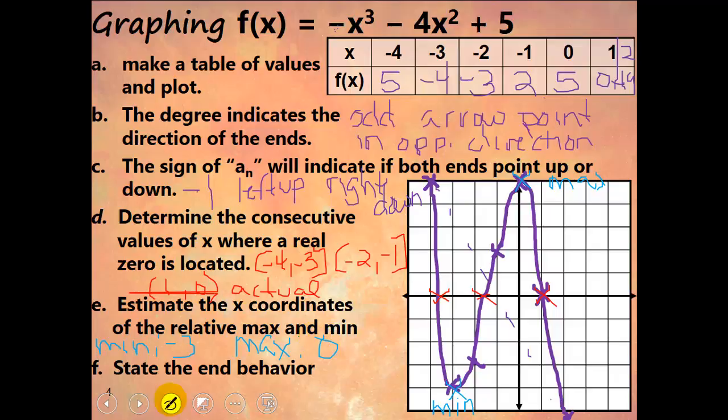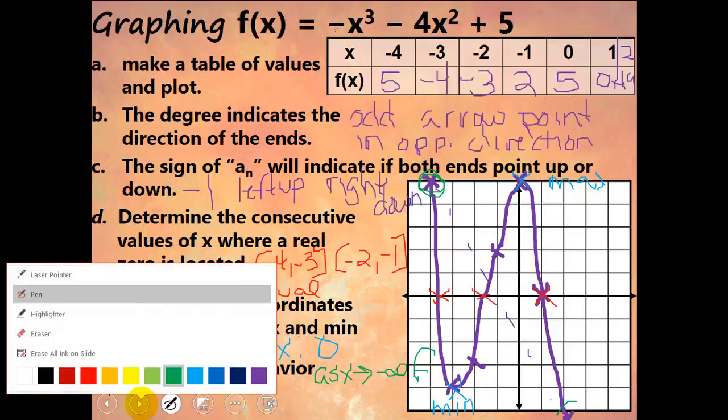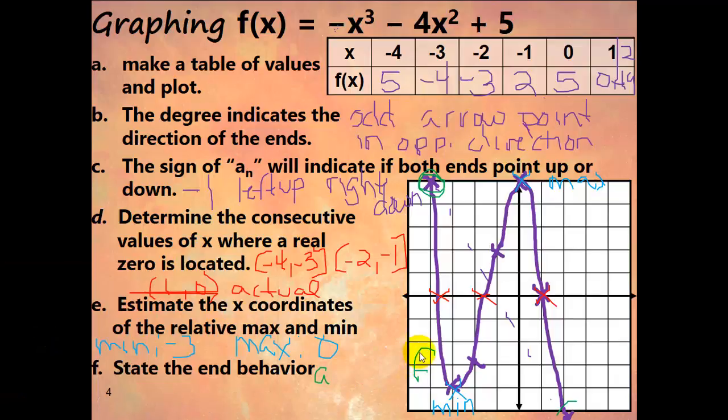So remember, here's our end behavior right here. So this is going left and up. All right? So as x goes to -infinity, because it's going left, f of x, I just don't have enough room. Let me erase this. See if I can squeeze it in here.